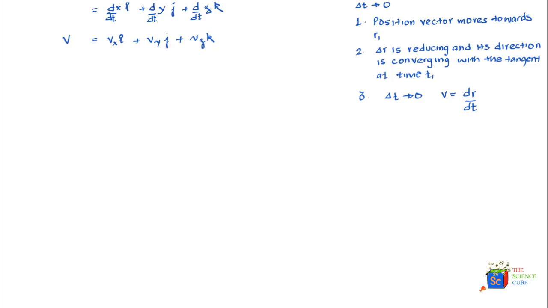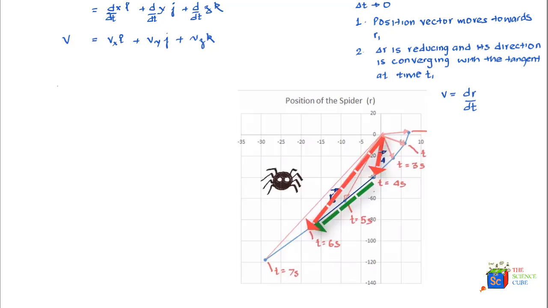So let us take the previous example, what we solved in the earlier lesson, where we had the spider whose position was given by vector r equal to (minus t square plus 2t plus 6) times i plus (minus 2t square minus 4t plus 6) times j.